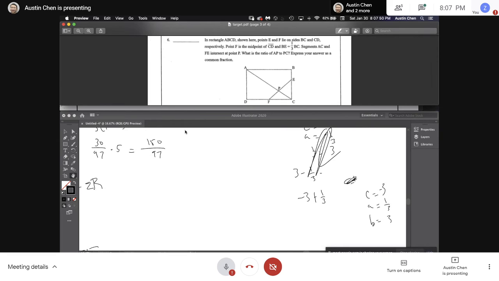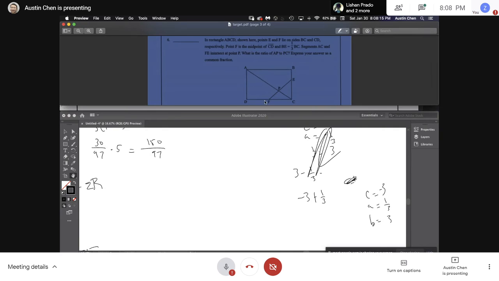Okay, so F is the midpoint of CD. BE is 1/3 of BC, and these segments intersect at a point P. Now, realize that there's nothing constricting what the size of the rectangle has to be, right?